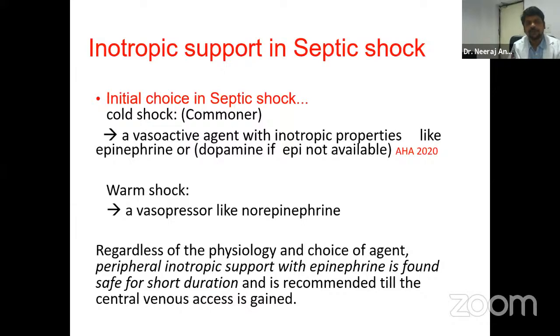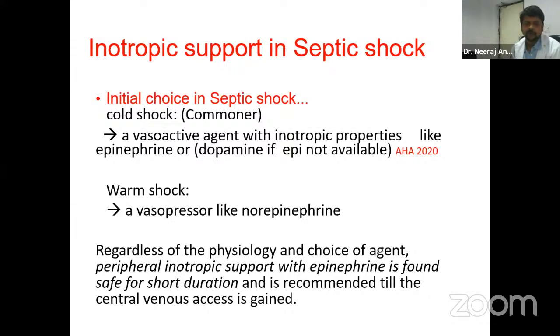Now, if the patient is not responding to fluid therapy alone, we have to start inotropic therapy. The initial inotrope of choice in cold shock should be a vasoactive agent with inotropic properties such as adrenaline. If adrenaline is not available, we may use dopamine.